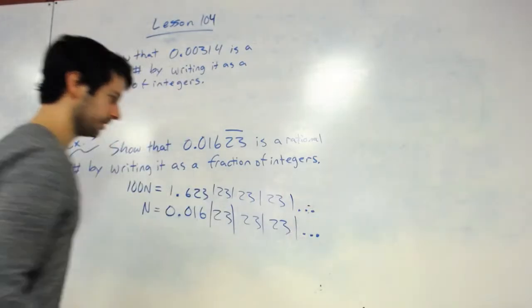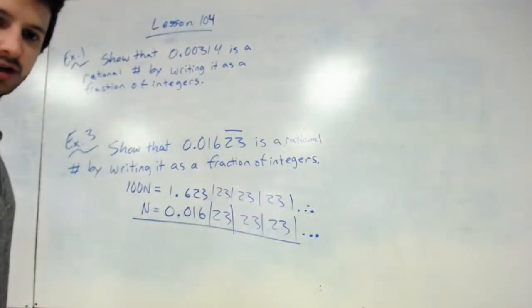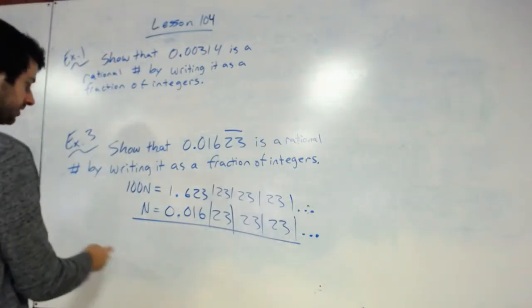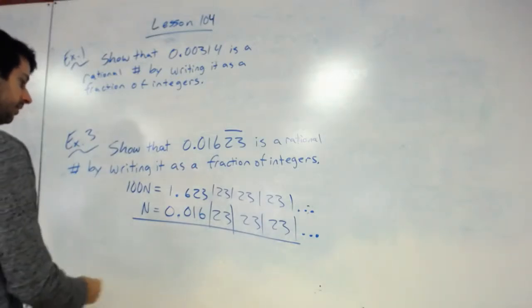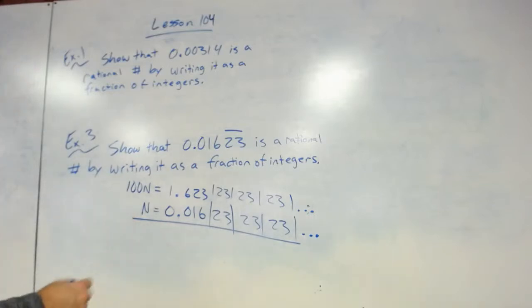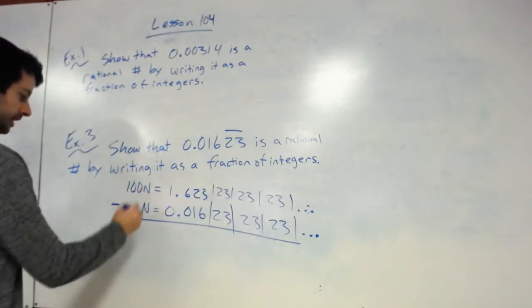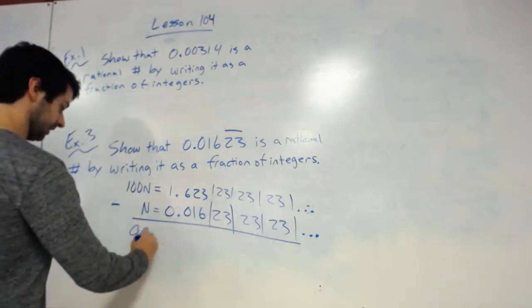From this point, we are going to solve these 2 equations. Imagine that they're stacked. What happens is we are going to be subtracting. We're going to find the difference of these 2. So when we subtract 100n minus n, we get 99n.